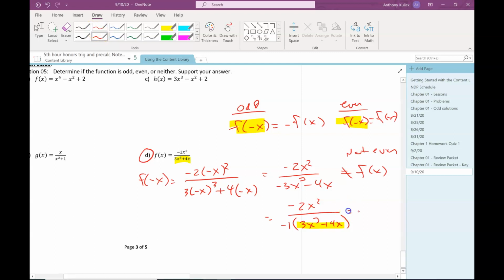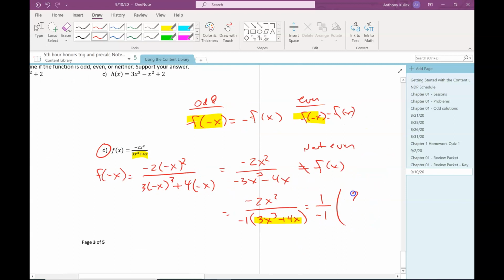So what this means is really I can take 1 over negative 1 out of that, right? And that's the same thing then as negative 1 times f of x. So we would say that this is odd.